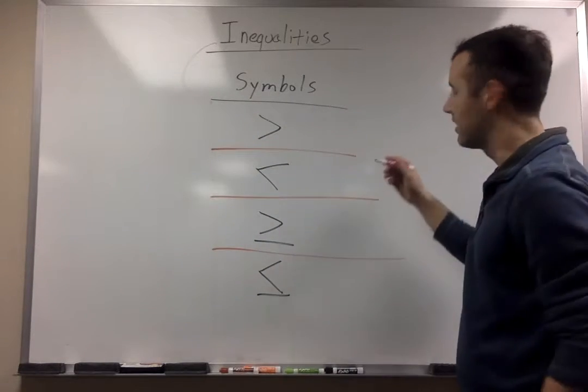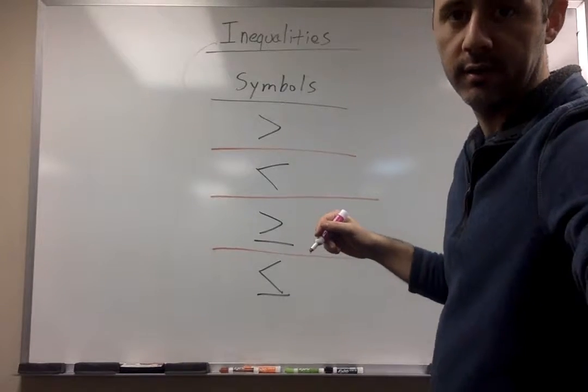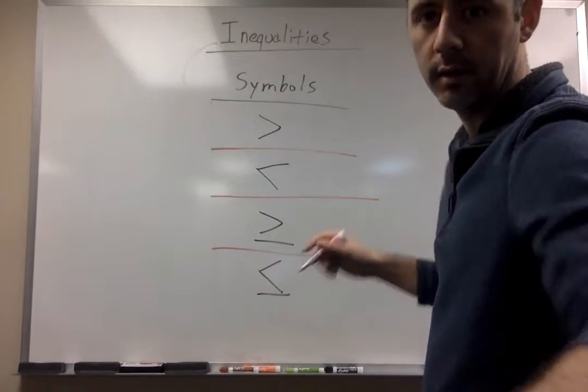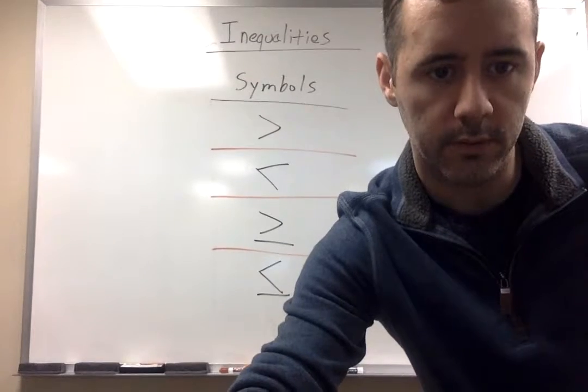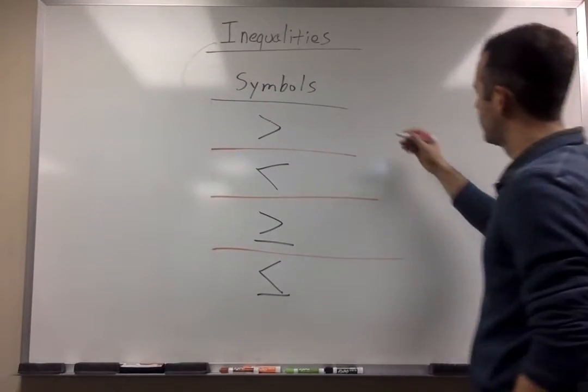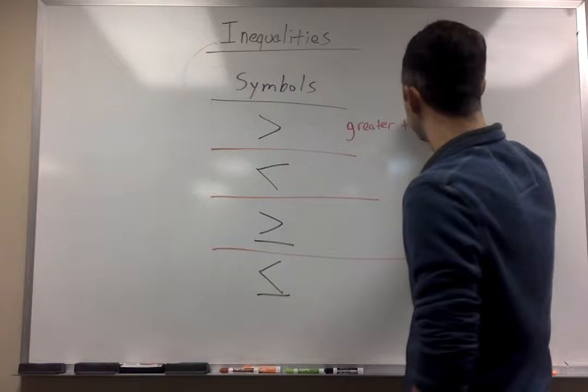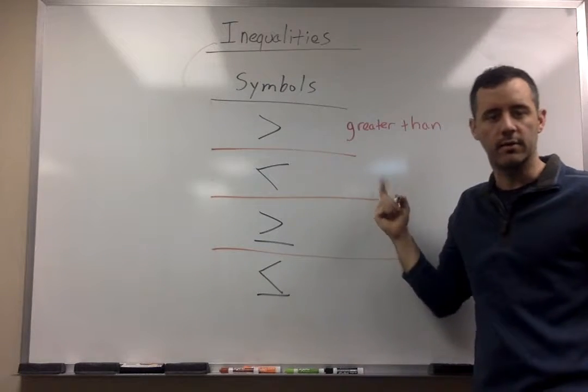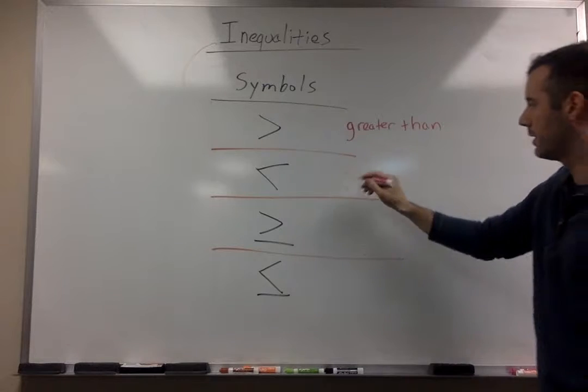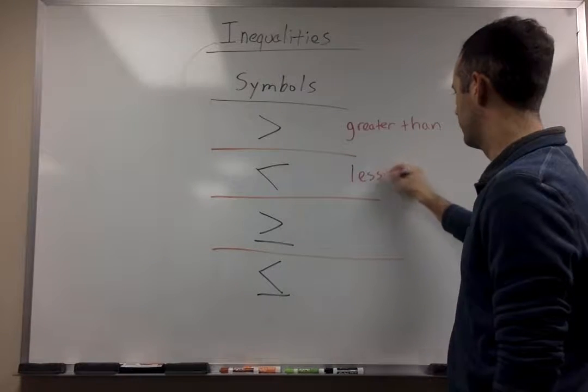Typically, we think of this sign as the greater than symbol. So this one we call greater than. Okay, that's the greater than symbol. This one is the less than symbol.